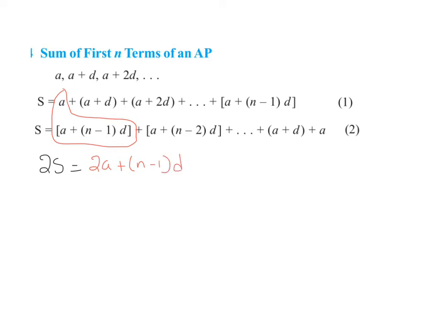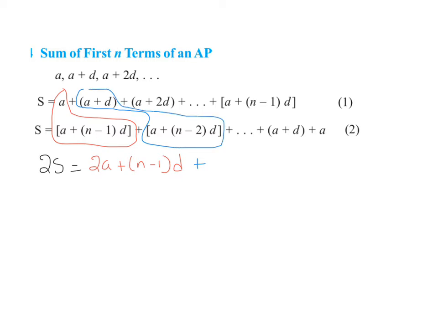And if I add the second term of the first equation with the second term of the second equation, what do I get? Meaning I add the second term of this with the second term of this.